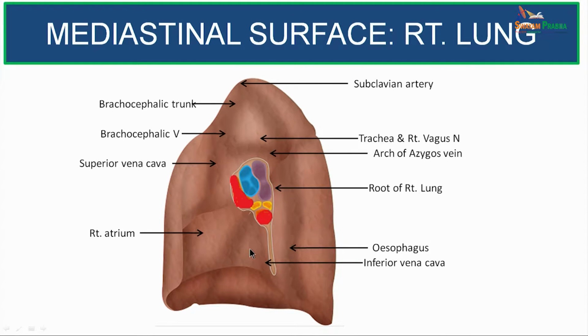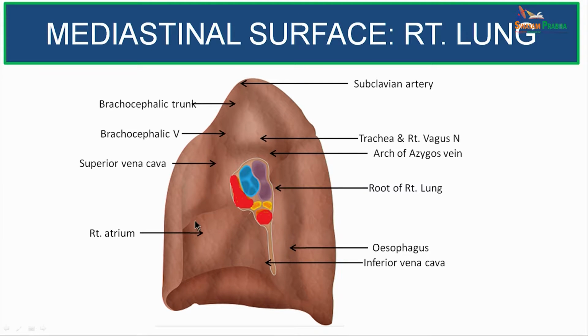Just below the cardiac impression, there is a small impression in front of the pulmonary ligament, which is by the inferior vena cava as it passes on to open into the atrium.